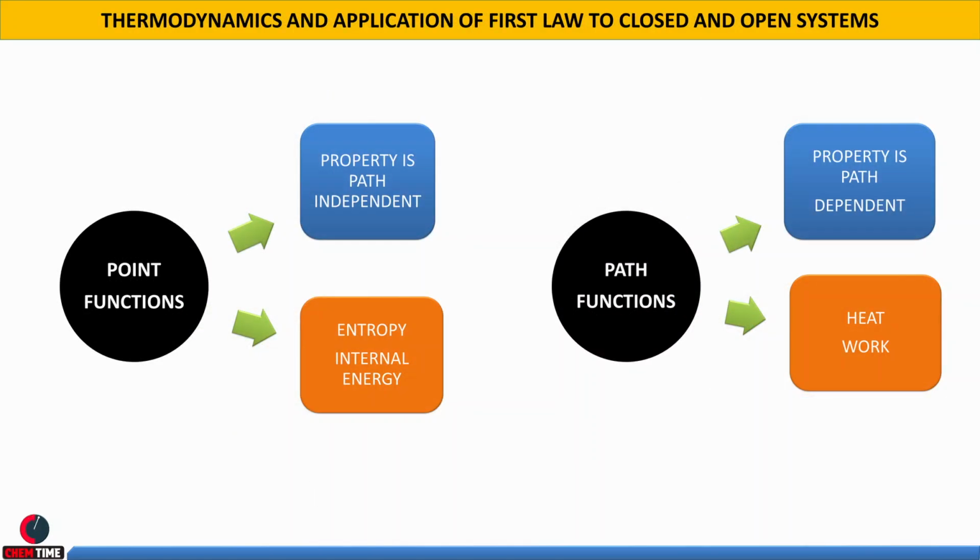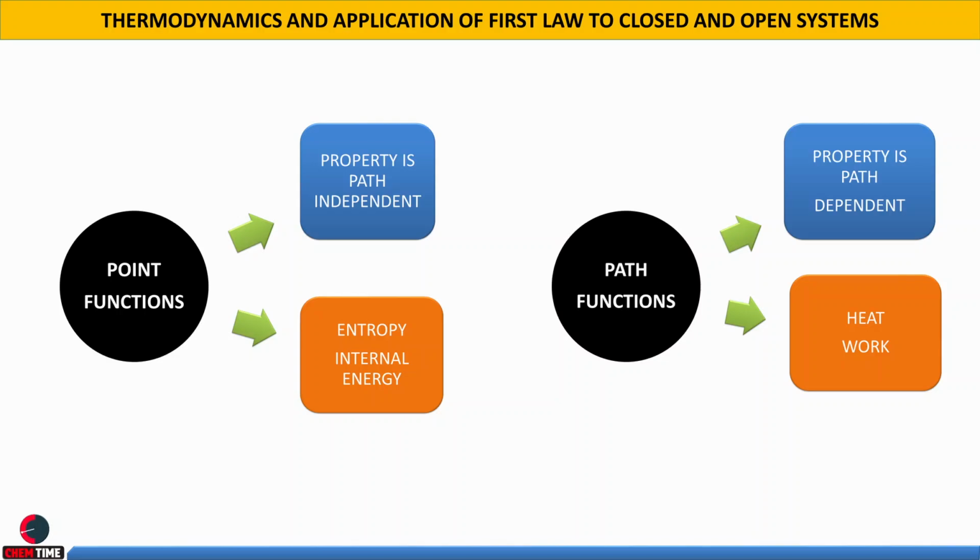Further, if a property is dependent on path, we call it a path function. The property that does not depend on path is called a point function. In case of point functions, the examples are entropy and internal energy. We'll discuss entropy in our subsequent presentations.